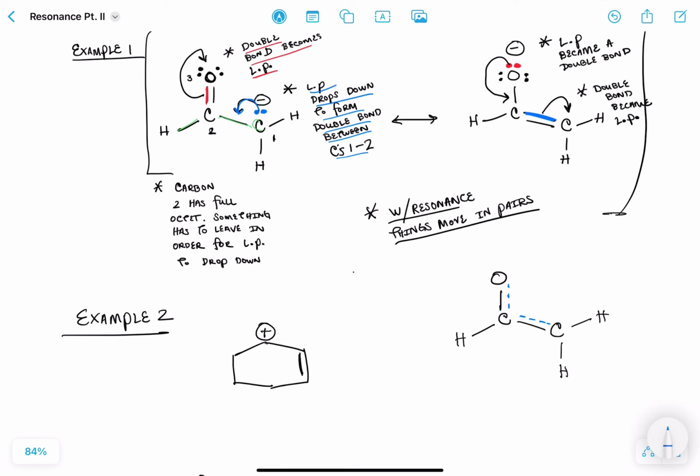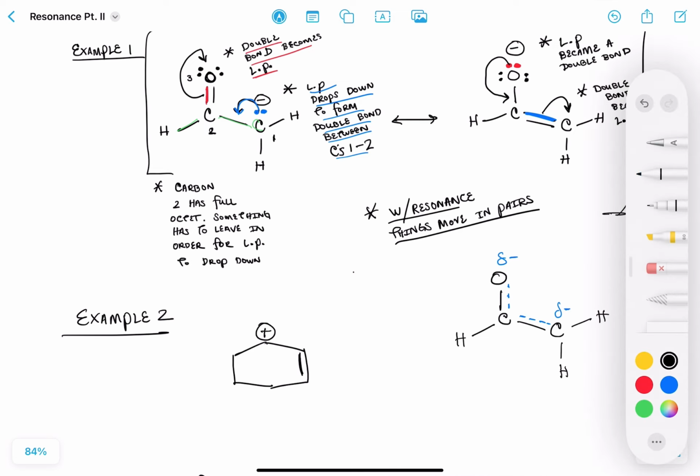And so in the left structure, we have the negative charge on carbon 1, so that will get a partial negative. And in the right structure, we have the negative charge on oxygen number 3, so that will get a partial negative charge.